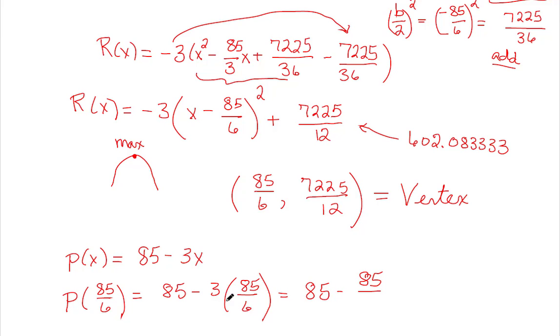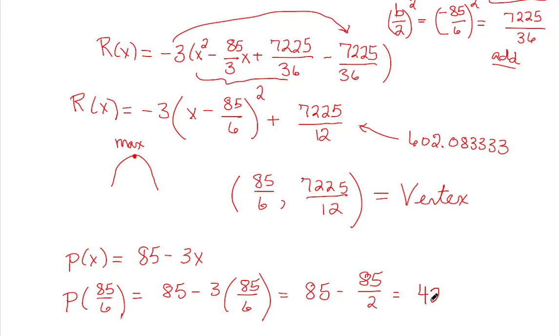And so that's 85 minus 85 over, let's see. The 3 goes into 6 2 times. Okay. And so we would get 85 minus 85 over 2. So it's essentially half of 85. So we need to take this in half.